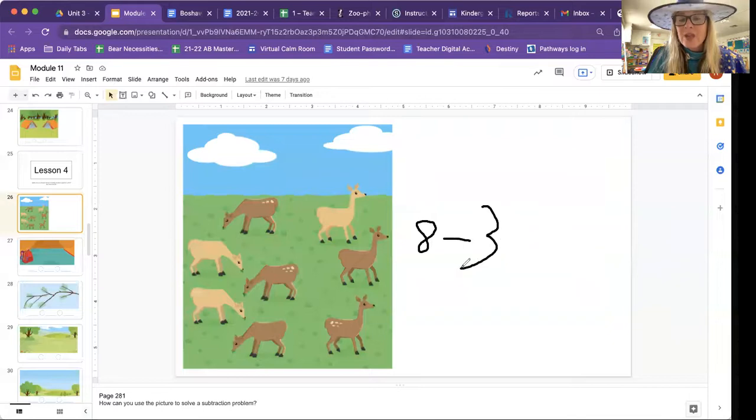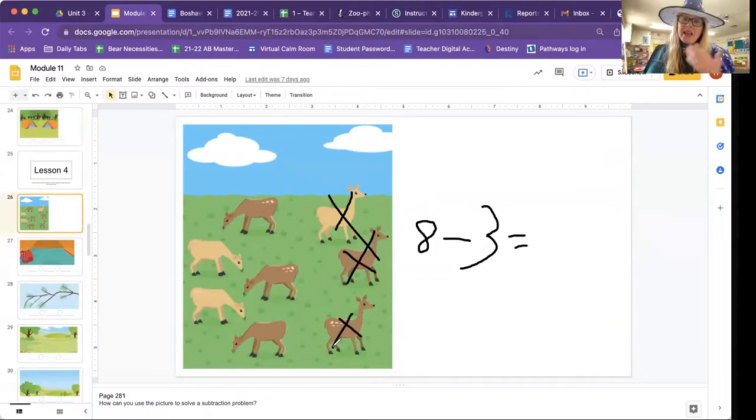So 8 take away 3. Now, the way that I'm going to solve it is I'm going to take away, I'm going to cross them out. Cross those 3 out. And then I count how many aren't crossed out. 1, 2, 3, 4, 5. And there is my answer. Now, you could have done a different story with a different subtraction equation. That's just the one I chose.